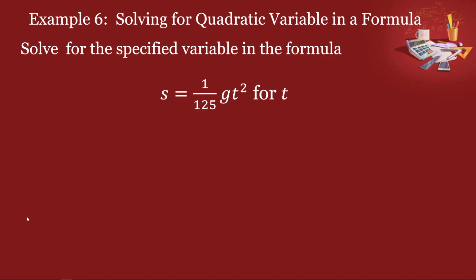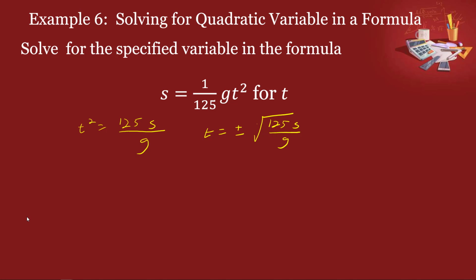And if we do, we will have t squared is equal to 125 times s divided by g, and then we just take the square root of both sides. And if we do, we will have t is equal to plus or minus the square root of 125 s over g.